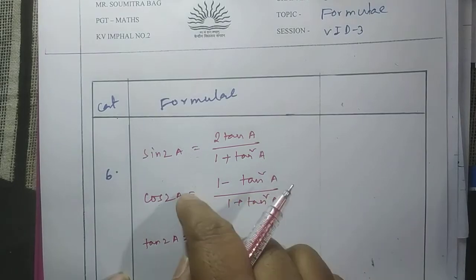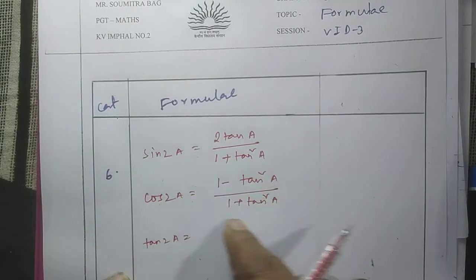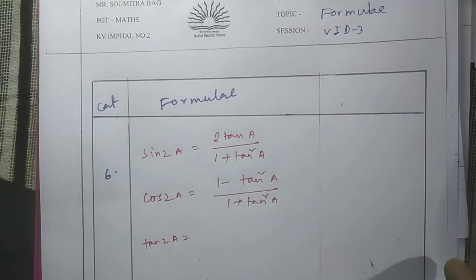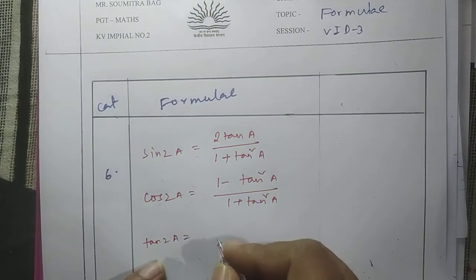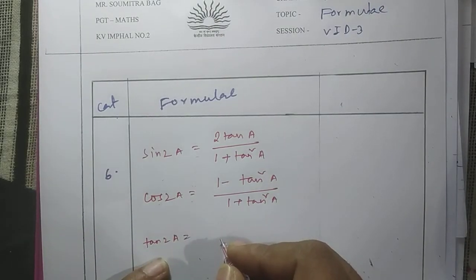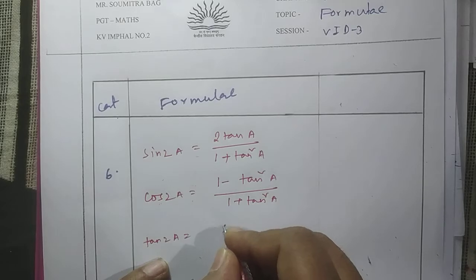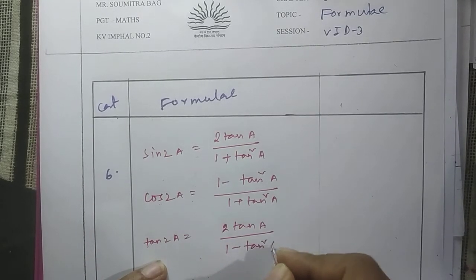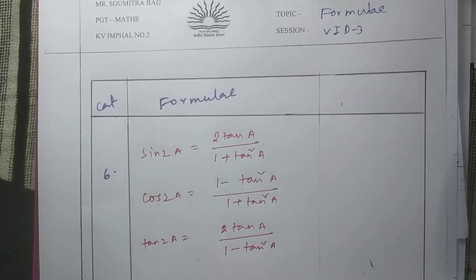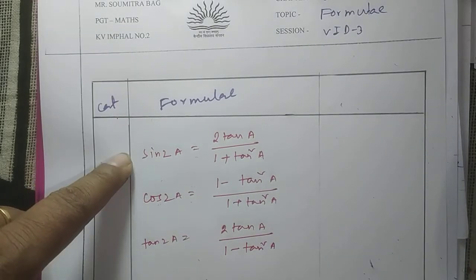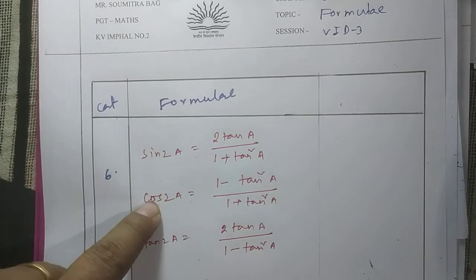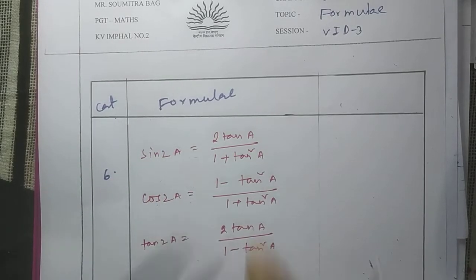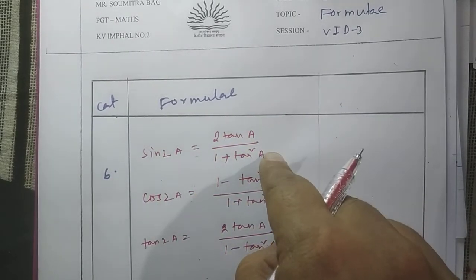Similarly, we had the formula of tan 2a in terms of only tan, and it was 2 tan a by 1 minus tan square a.